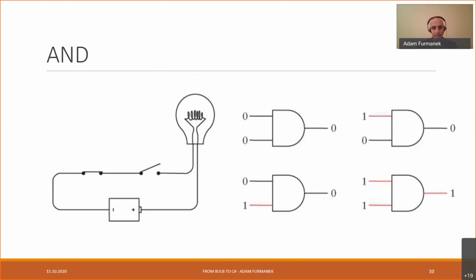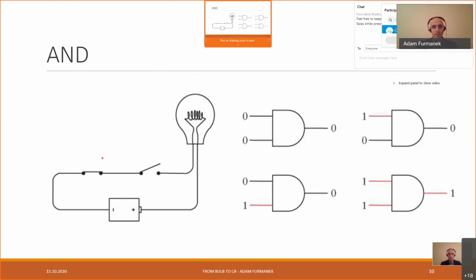So the AND gate here would be very simple, right? We would have these two switches on a piece of wire. If they both are closed, so the circuit is closed, then the light would be emitted here. However, in integrated circuits or designs, we are not going to use these light switches or whatever else.